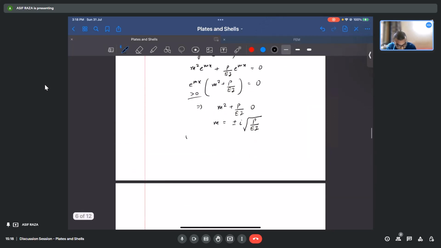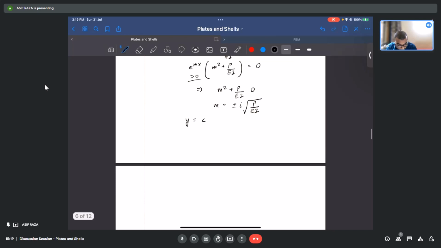So the equation would come out to be y equal to C1 cos root P upon EI x plus C2 sin root P upon EI x.